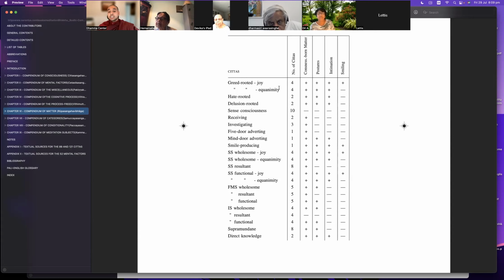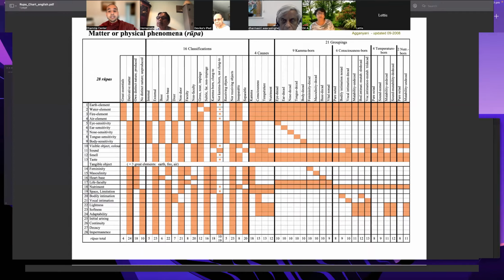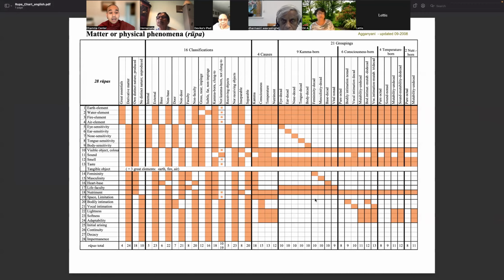The consciousnesses that we experience through life create matter. The maintenance, we find according to this, is where the life faculty arises. The question is, why does the life faculty arise only in karma born?